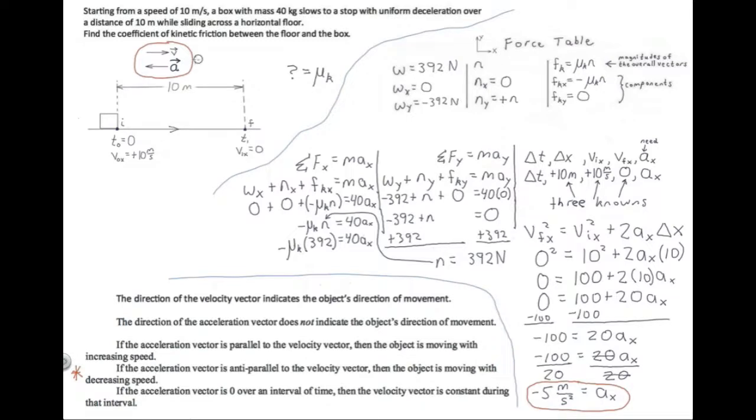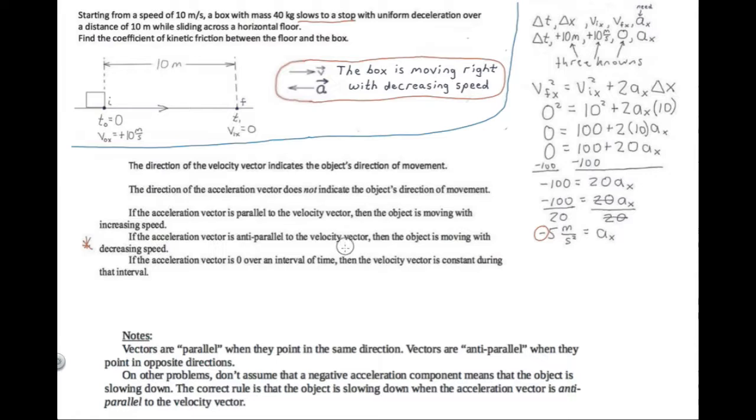Does that make sense? Well, we can use this rule to interpret our leftward acceleration. In this case, our acceleration is anti-parallel to the velocity. When the acceleration is anti-parallel, pointing in the opposite direction as the velocity, that means that the object is slowing down. Well, that is consistent with the information in the problem. The problem told us that the box is slowing down. So yes, this negative sign makes good sense.